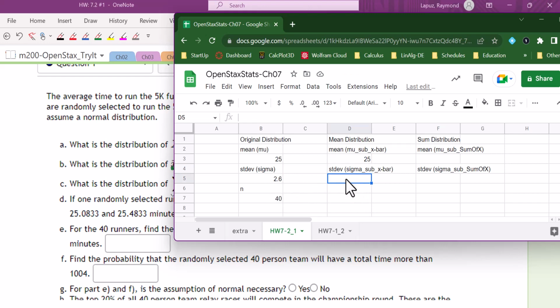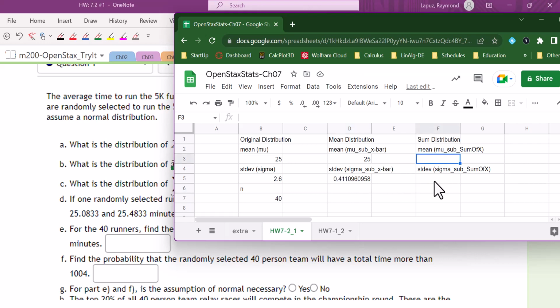It's going to be this number 2.6 divided by the square root of 40. So here I will put equals, and I'll click on this 2.6, and divided by SQRT, the square root, and the value 40 given here. And so it looks like the standard deviation is going to be 0.4111, rounded off to 4 decimal places.